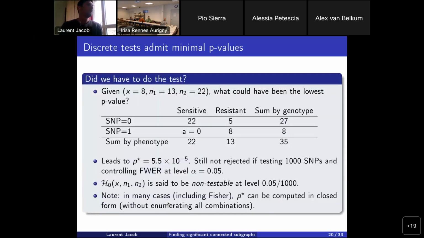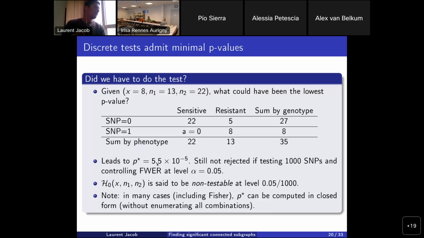So going back to the question, did we have to do the test? We could say, given these margins, what could have been the lowest p-value? There is an answer for that. In this case, it's using 0 for this entry. It leads to a particular p-value, the minimal p-value that we call p star. And we see that we still don't reject at our level even with this minimal p-value.